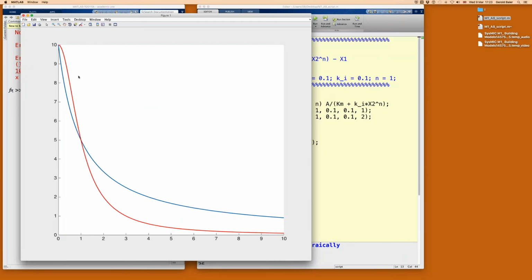And we get a different shape of curve. So the blue curve is what we had before, and this red curve is what we have now. We can see that the inhibition starts off weaker. So for small concentrations of variable x2, the rate of production of x1 is higher. The red is above the blue one.